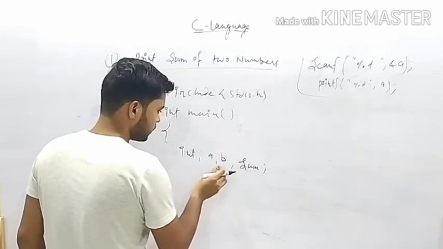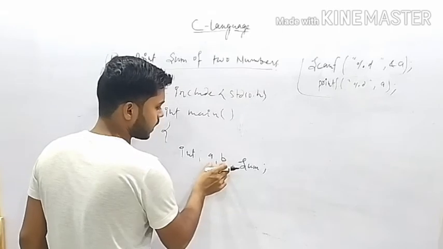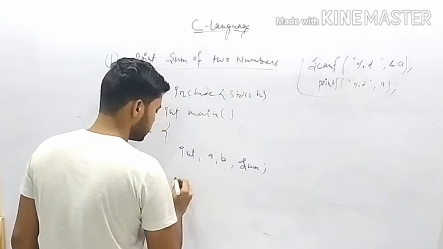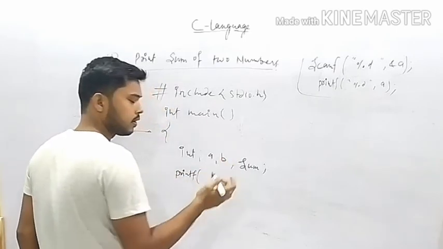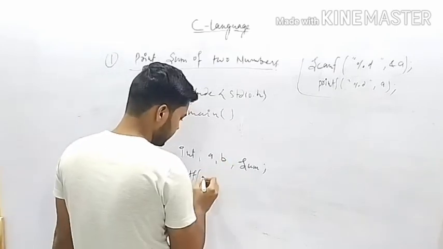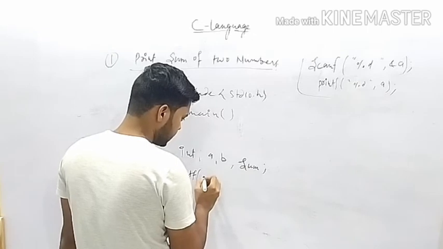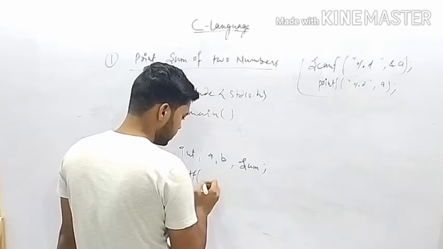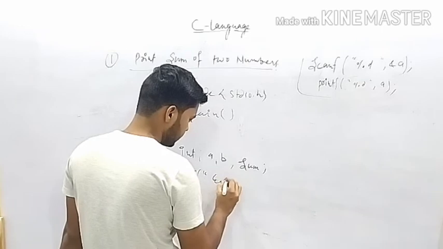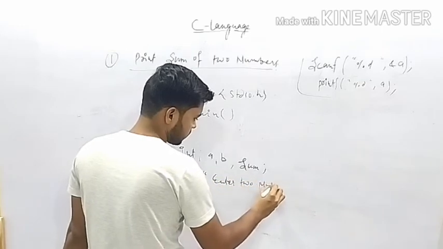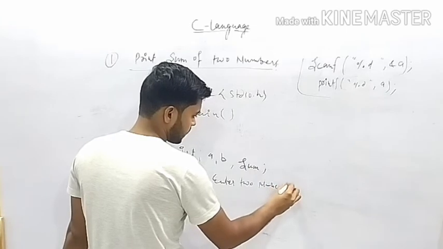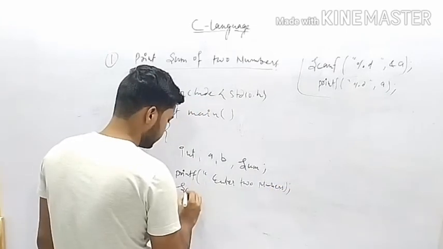We want to take the values of a and b from the user, so we will use scanf. First we will write printf to tell users that they have to input two numbers, so we will write "enter two numbers". Then we will use scanf.